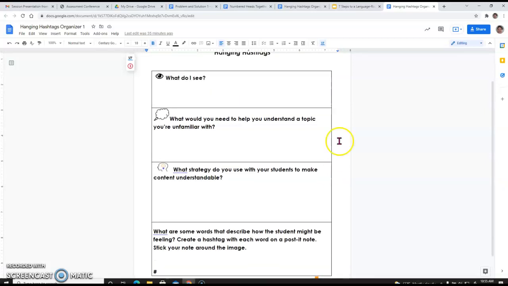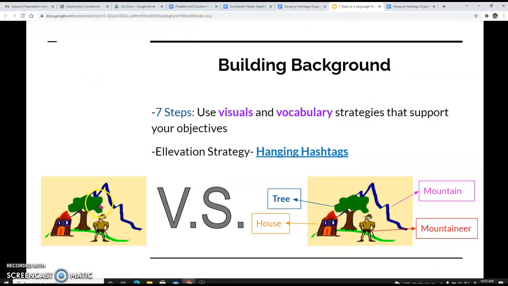And so that gave us an idea of what that student was going through. And so we use this activity to help us build background knowledge, just before we dive into the actual content. We want students to have a general little taste of what we are about to encounter in the actual content.